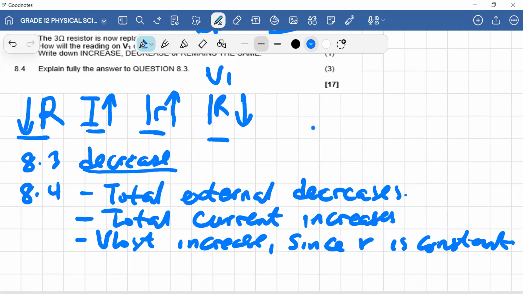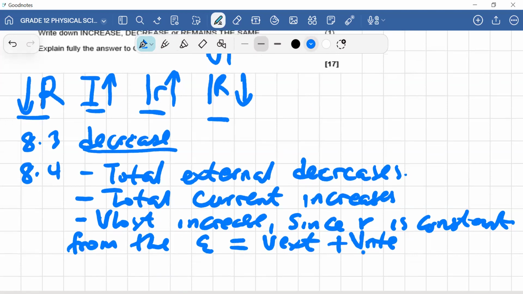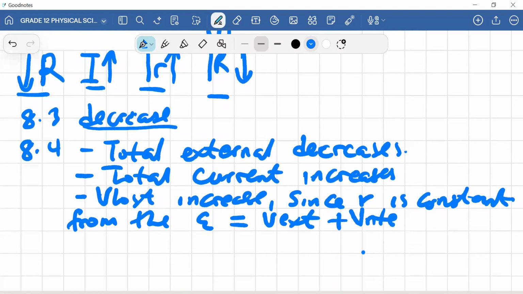Okay, so now from the equation, E is equal to V external plus V internal, or V lost. From this equation, if we have this to increase, what will happen to that?